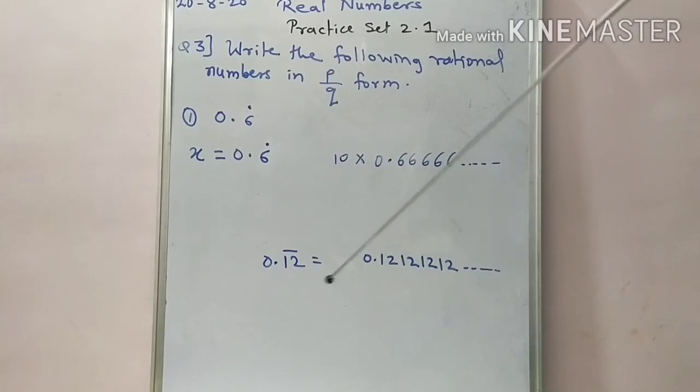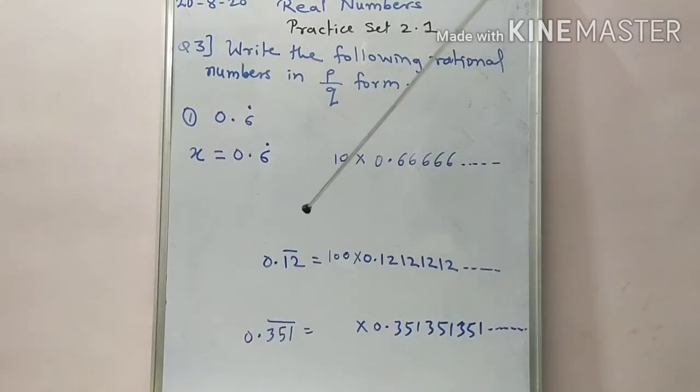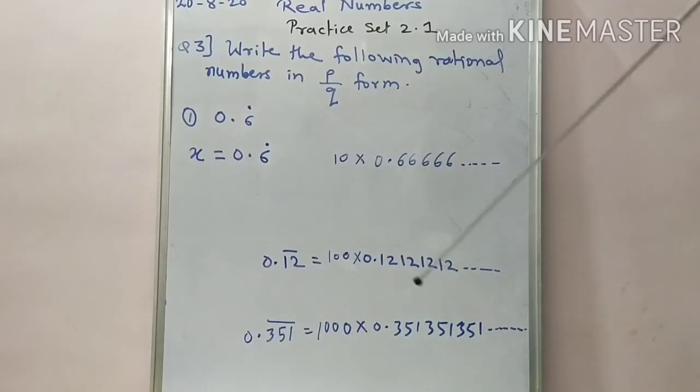And hence if there are two numbers in recurring, we multiply that number by 100. Suppose there are three numbers in recurring, like 0.351, 351, 351 continuously. Then we multiply that number by 1000 is the method.